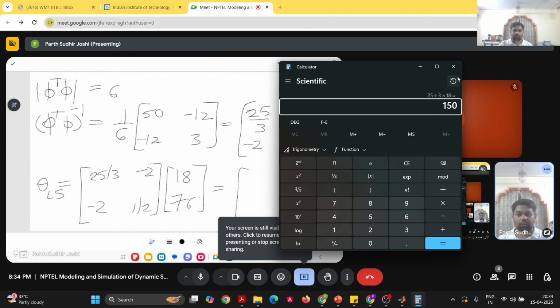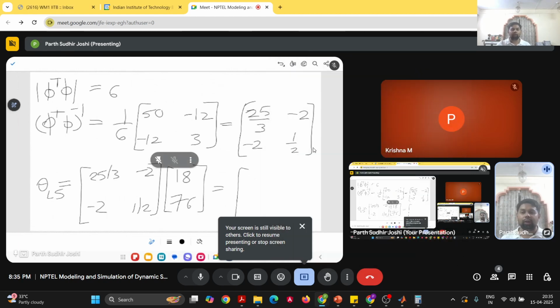So 25 by 3 into 18 minus 2 into 76. 76 into minus 2 will be minus 152, and 25 by 3 into 18 will be 25 into 6, which is 150, so it will be minus 2.